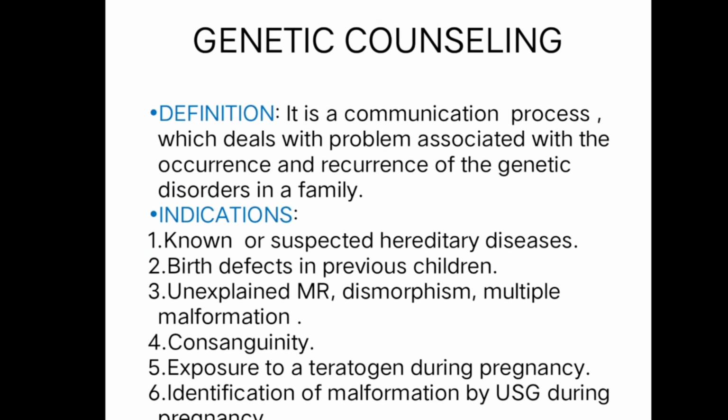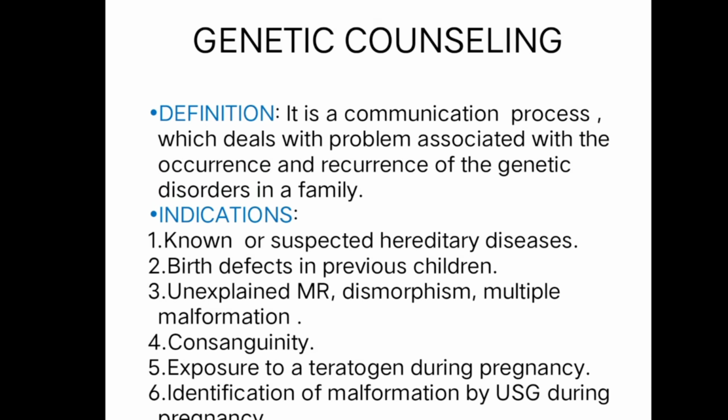Definition: it is a communication process which deals with the problems associated with the occurrence and recurrence of genetic disorders in a family. For whom do we do this genetic counseling? Known and suspected hereditary disease, birth defect in previous children, unexplained mental retardation, dysmorphism or multiple malformations in a child.